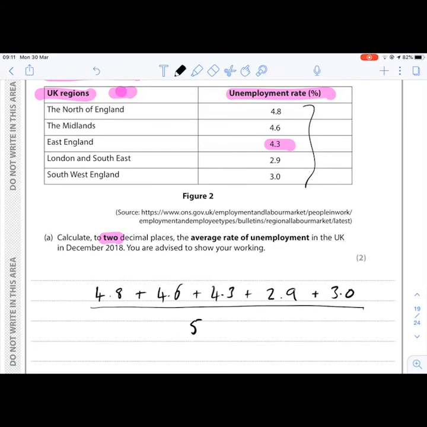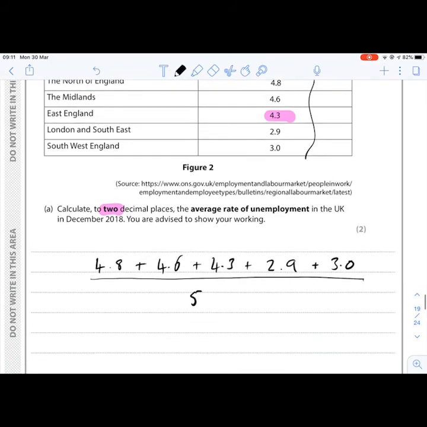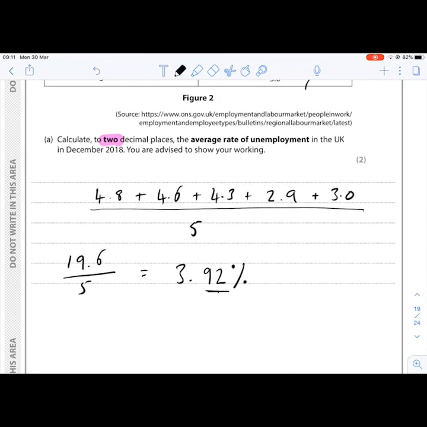So you've got 4.8 plus 4.6 plus 4.3 plus 2.9 plus 3, and that gives me 19.6, and then we have to divide that by 5 because there are 5 different regions, and I get 3.92. And remember, we need to include the percentage and 2 decimal places. Also it's good practice to underline the answer twice.